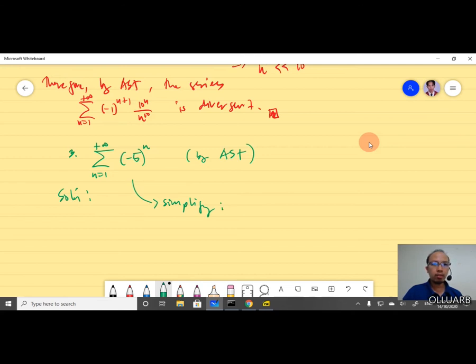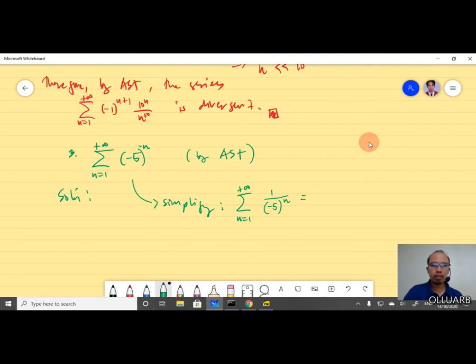So what you will do is that this is -n, sorry. So you can write this as negative 1 over negative 5 raised to the power of positive n, n from 1 to positive infinity.